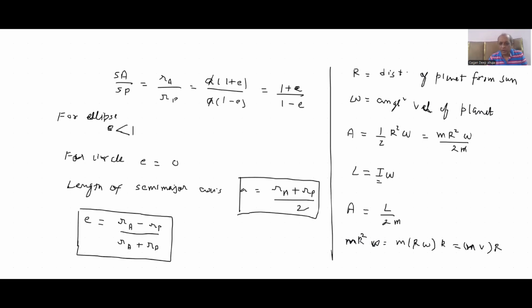So this is called the angular momentum of the planet around the sun. Basically, when the planet is revolving around the sun, since the area swept per unit time is the same, the angular momentum here is conserved. That is an example of conservation of angular momentum.